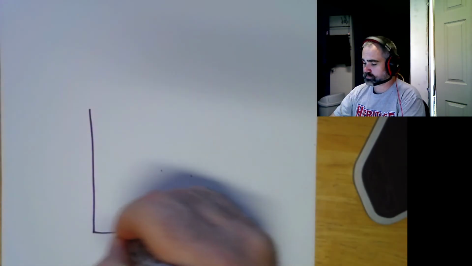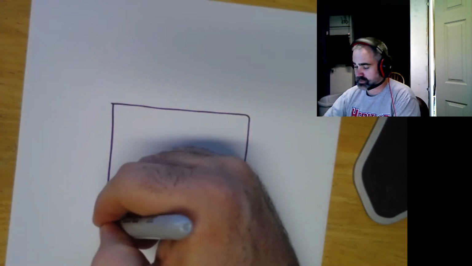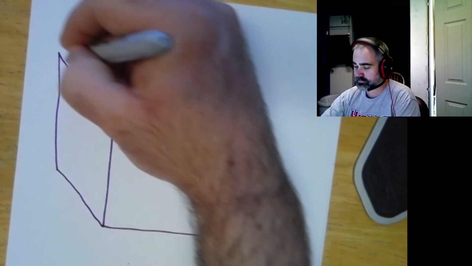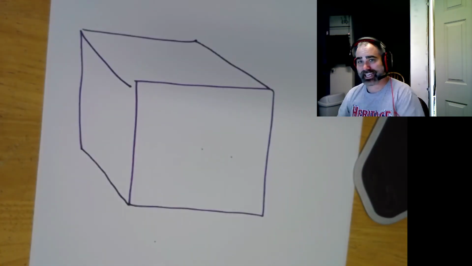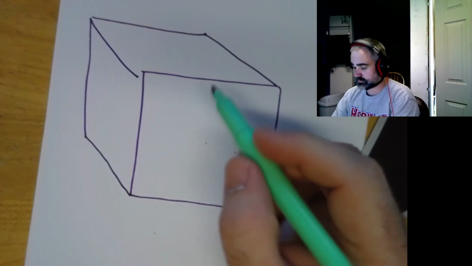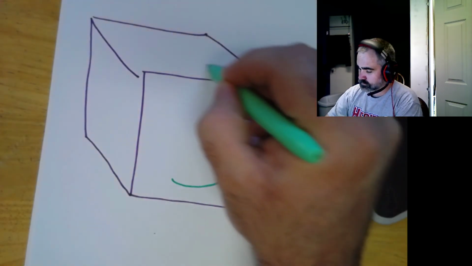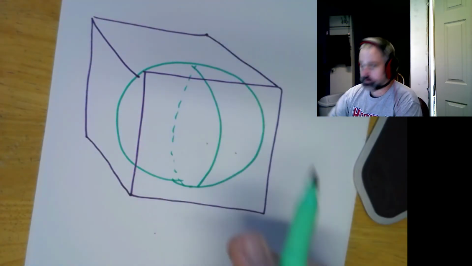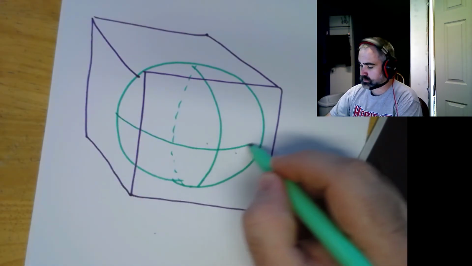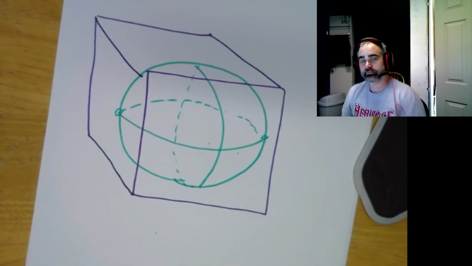So I want you to imagine a cube. A cube is going to be like a square, but it's three-dimensional, so all the side lengths are the same. And inside is a sphere, and the edges are just touching all the sides.